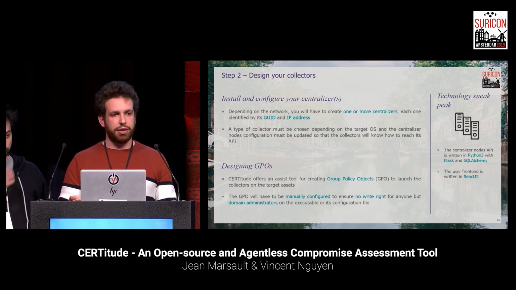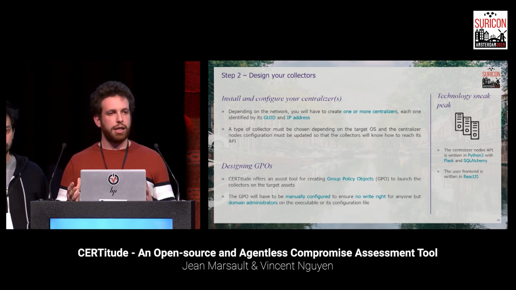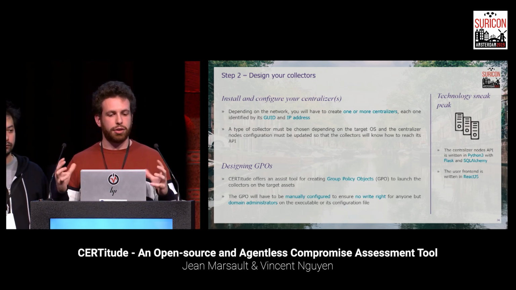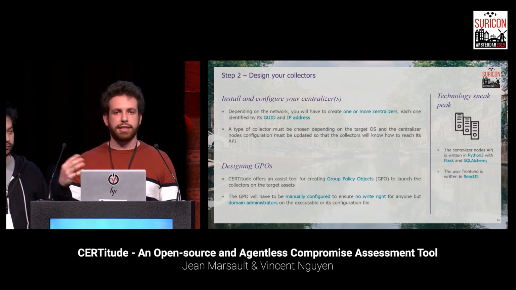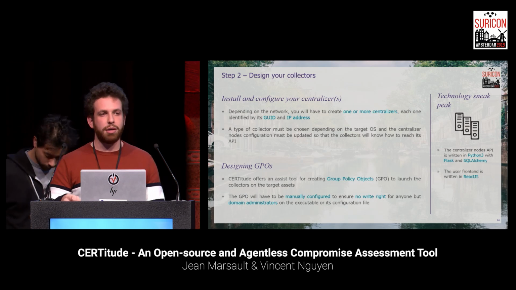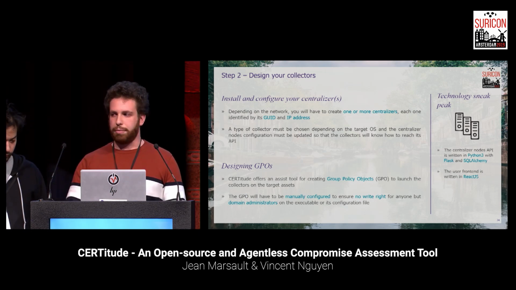Once you have configured them, you will be able to create a configuration file that corresponds to your centralizer node. In particular, this file will contain all the elements that the workstations, the assets in the client information system, will need to contact the centralizer nodes.